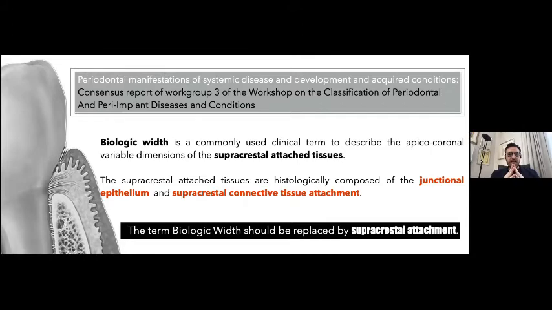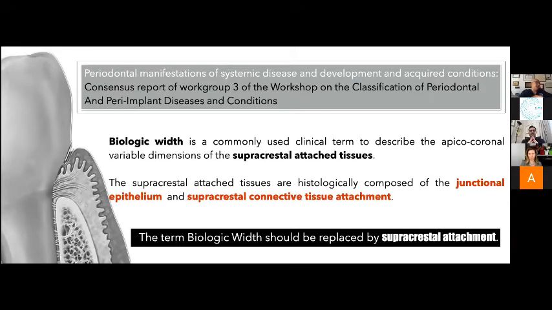The junctional epithelium is instead part of the supracrestal tissues that don't attach to the roots. It's, so to speak, a temporary hinged entity which in inflammatory condition determines the detachment of the epithelium from the enamel surface. The supracrestal connective attachment, on the other hand, cannot fail to exist. It's an entity that must necessarily be present.